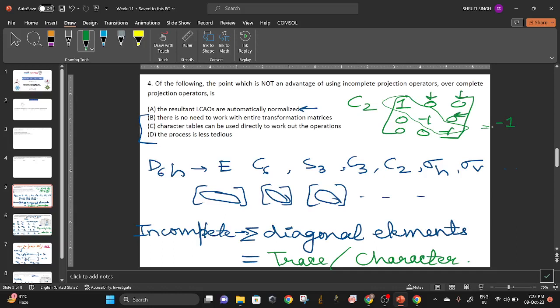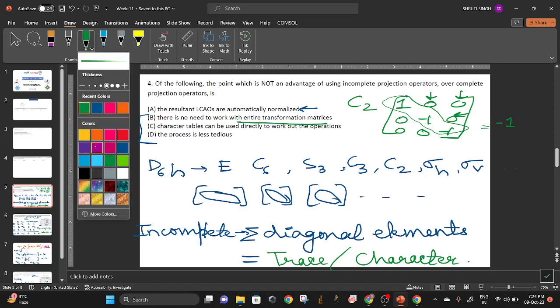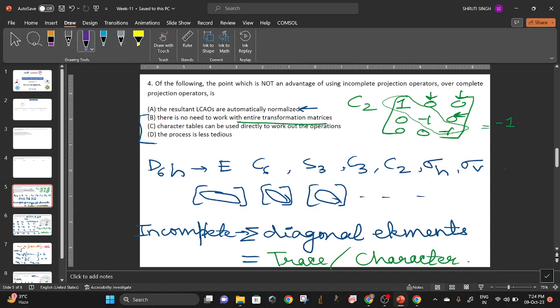We just need to calculate the diagonal elements, so we don't need to work with the entire transformation matrix. And since we can work with characters, which we get from the character table, we can work with the character table directly.